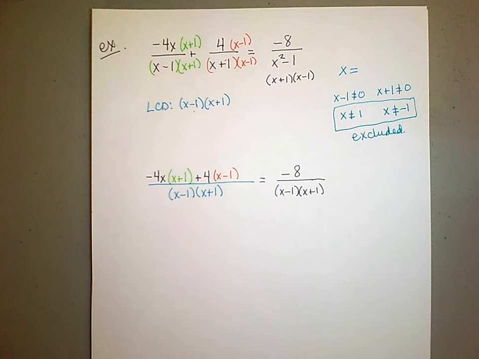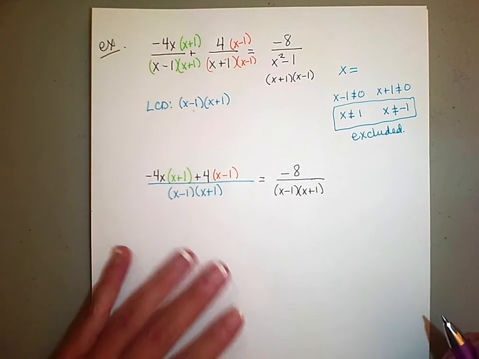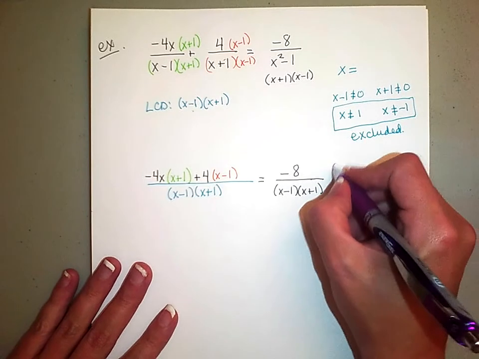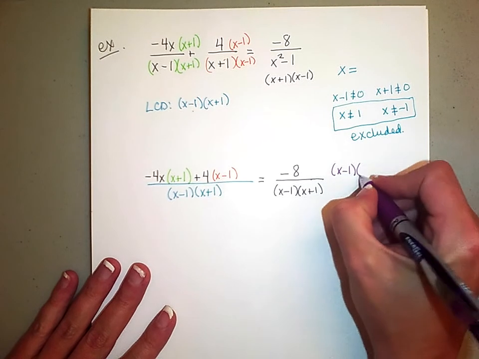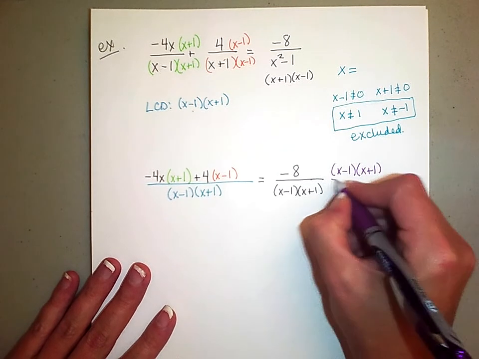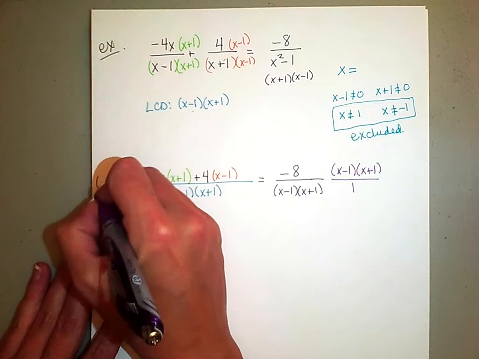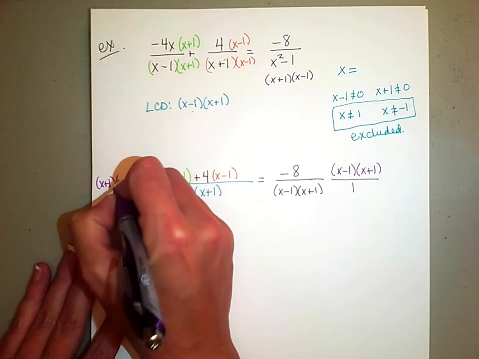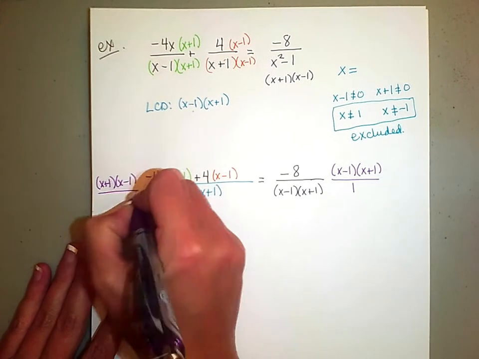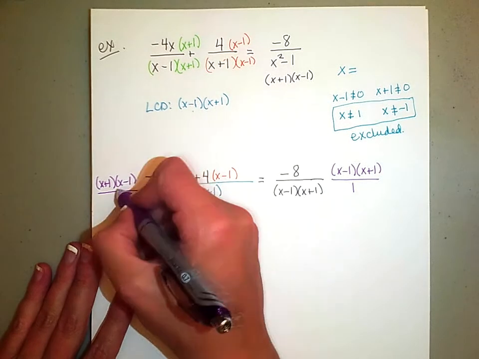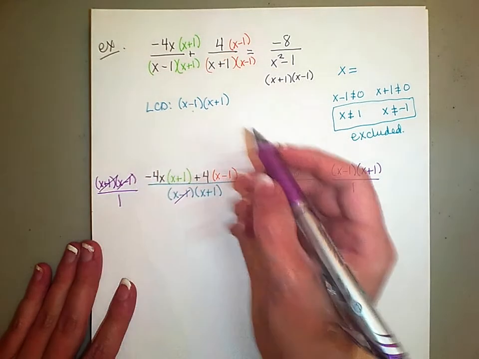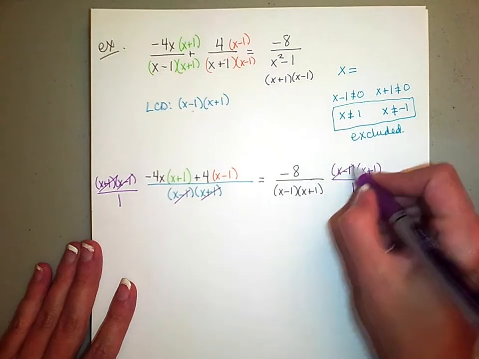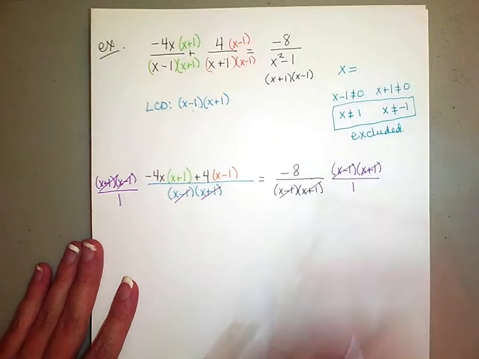So I've written it as one great big fraction, and now we can clear those fractions. Let's multiply through by our least common denominator. Remember, this is like over 1. Now the x minus 1's will cancel, and the x plus 1's, and the same on this side as well.